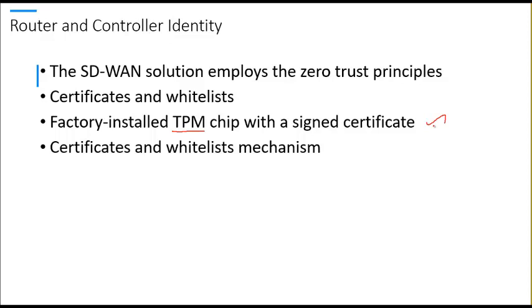The certificate is there in the TPM chip. The serial number, obviously, is there on the box. The chassis ID is also there, hard coded. So the SD-WAN component must use the combination of certificate and this whitelist mechanism, like serial number, chassis ID, and so on.